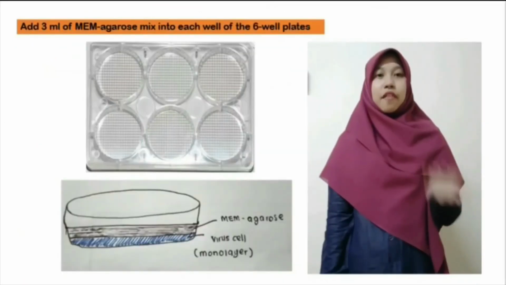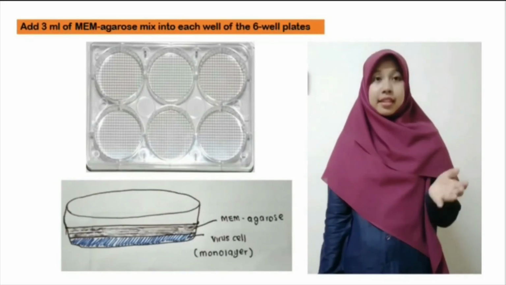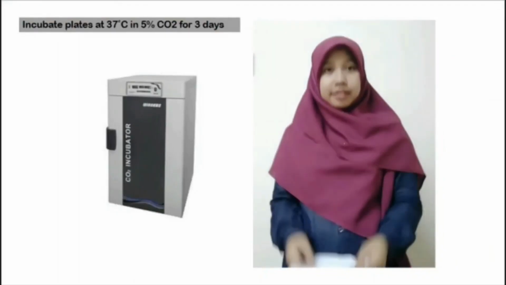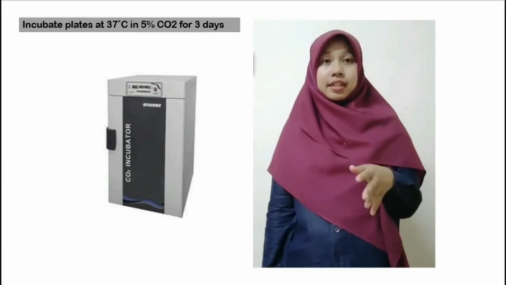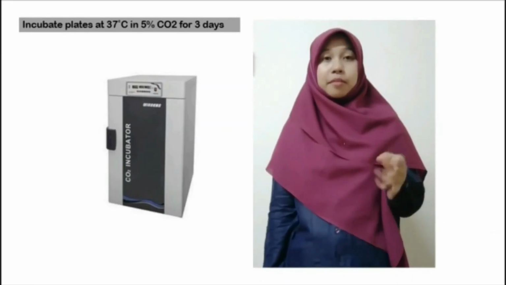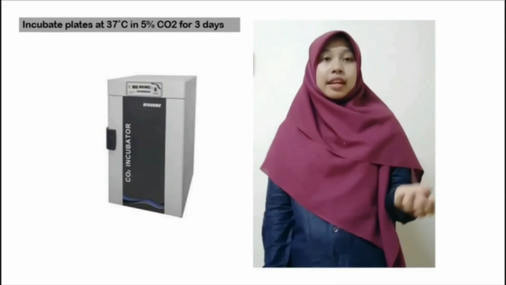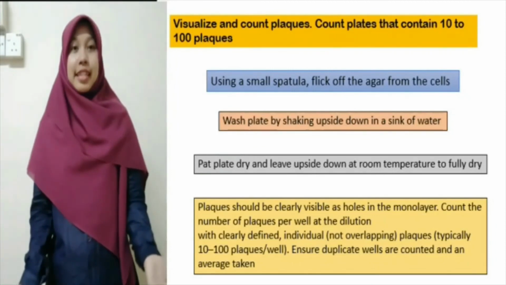3 ml of MEM agarose is put in the 6-well plates that contain the virus and cells. Then, incubate the plate at 37 degrees Celsius in 5% carbon dioxide, which means that we need to use an incubator where we can adjust the carbon dioxide flow. The incubation process needs 3 days.